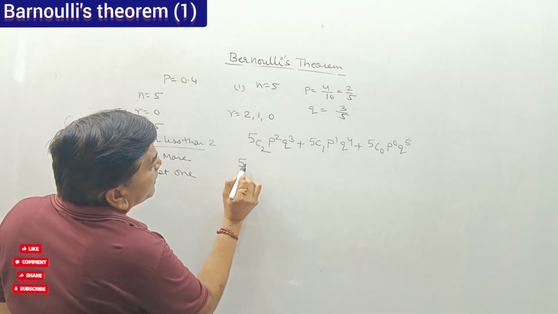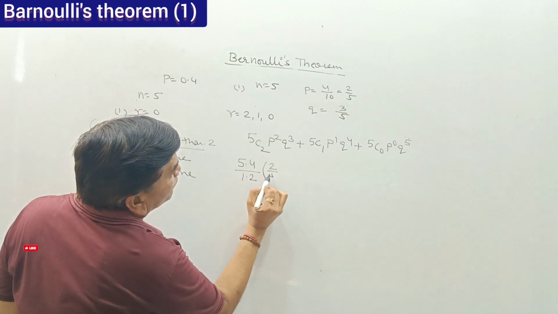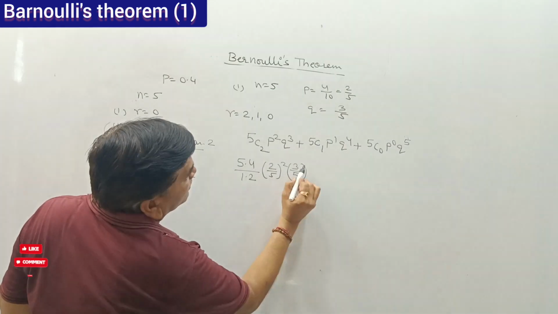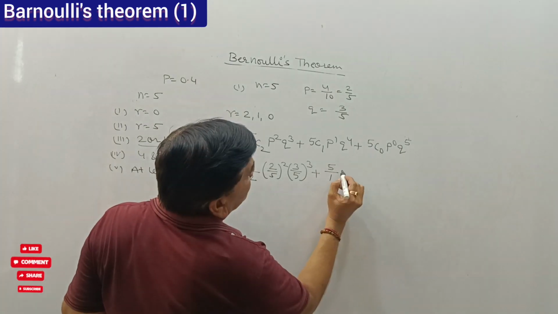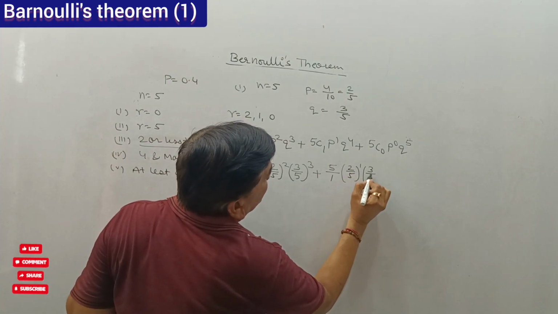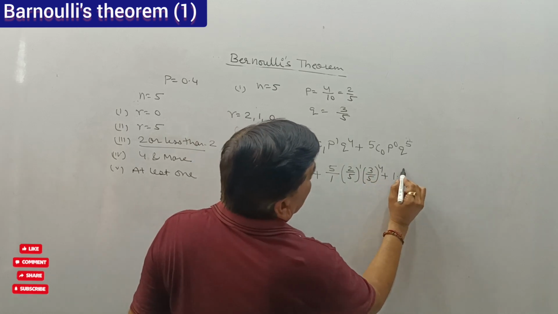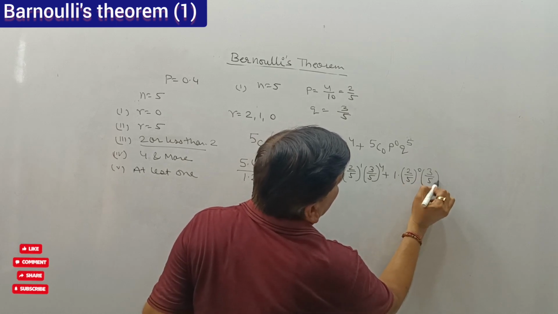So there will be 5 multiply 4 divided by 1 multiply 2, (2 upon 5) raised to power 2 and (3 upon 5) raised to power 3, plus 5 divided by 1, (2 upon 5) raised to power 1, (3 upon 5) raised to power 4, plus this is 1, (2 upon 5) raised to power 0 and (3 upon 5) raised to power 5.